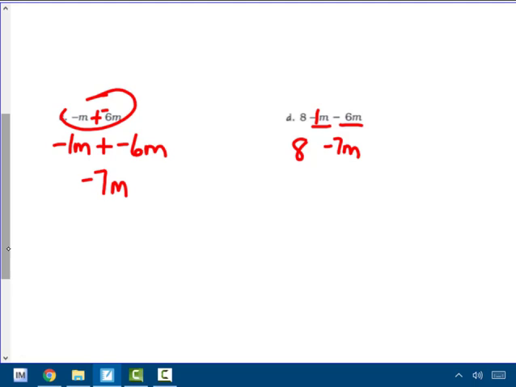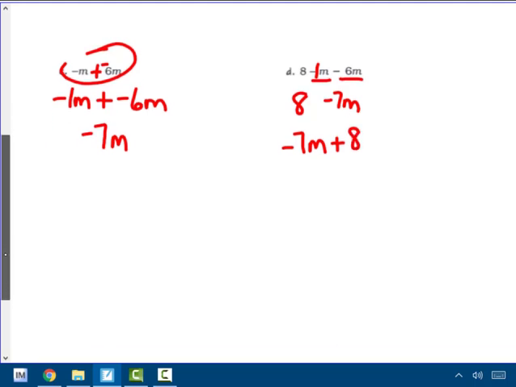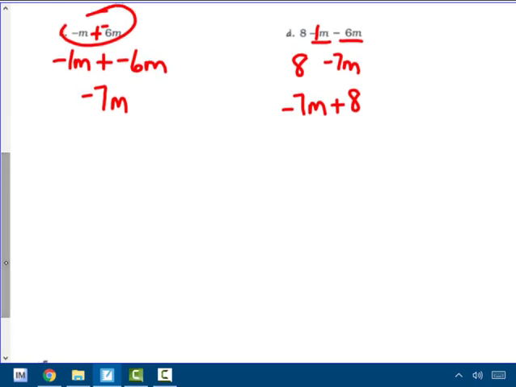In algebra, however, it's always best if the algebraic term is first. 8 is a constant. It's a numerical constant. It doesn't have a letter on it. It's not an algebraic term. The algebraic term is the -7m, and that's a +8, so I'm going to say +8. Or -7m plus 8.